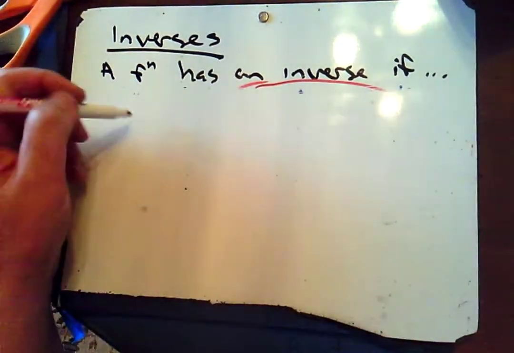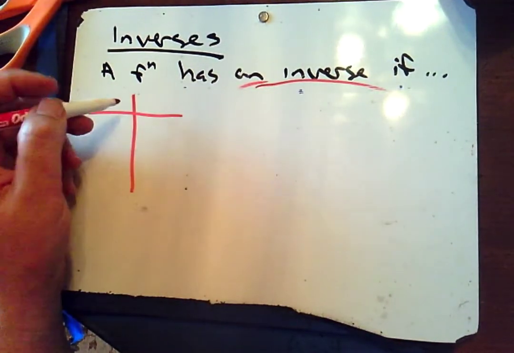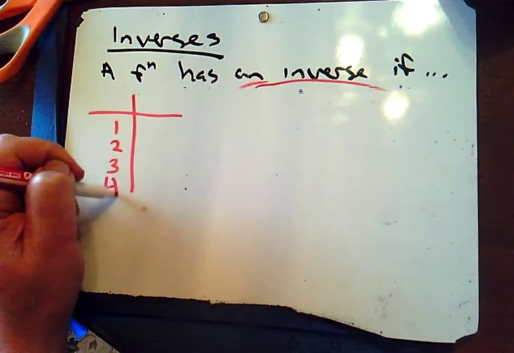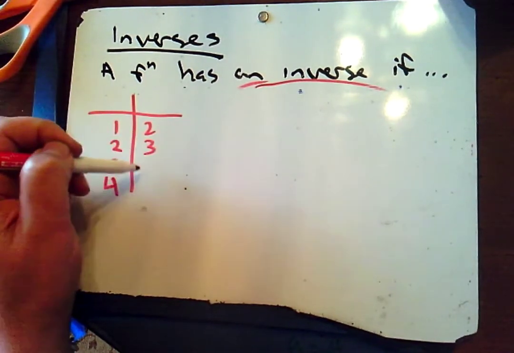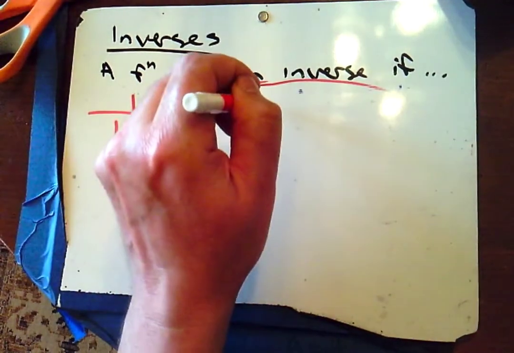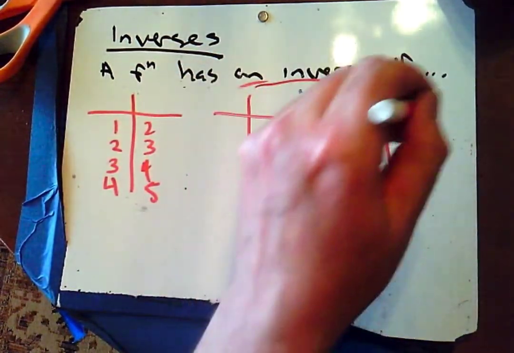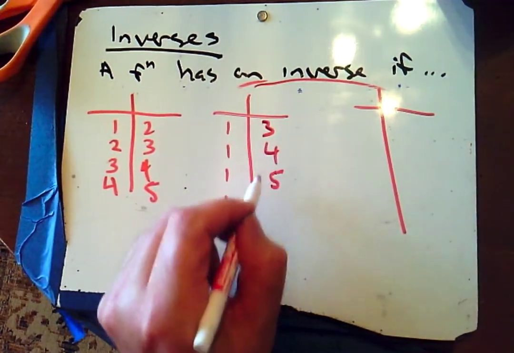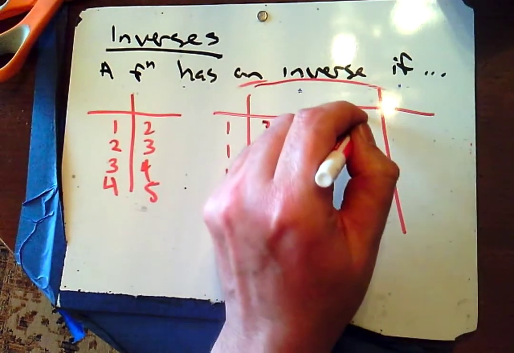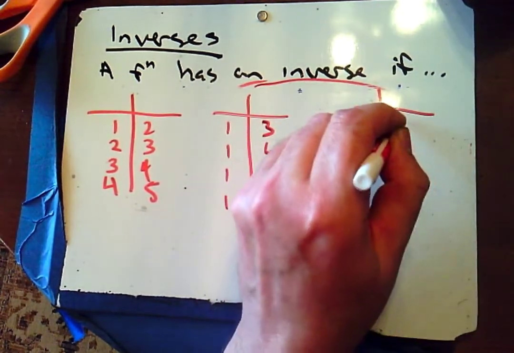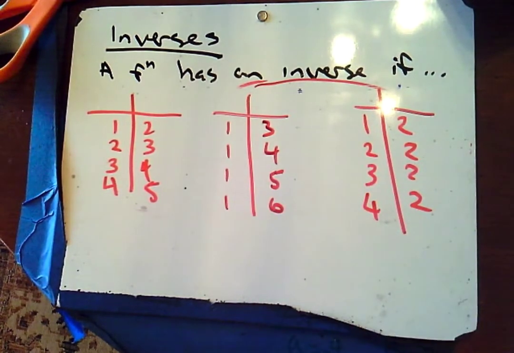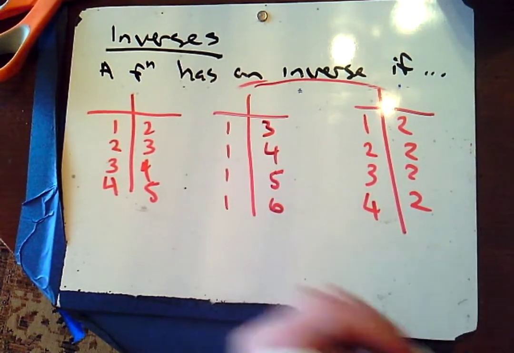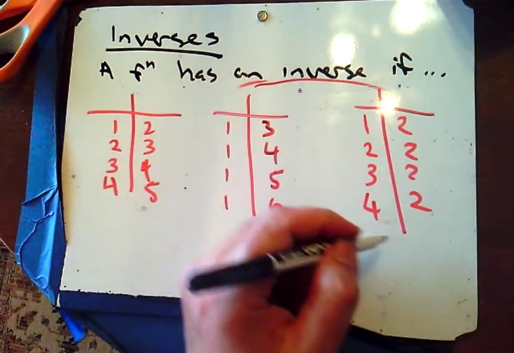Well, if I think about a table, let's take a look at these three cases and see if we can determine which of these has an inverse. Now, you can always graph these.